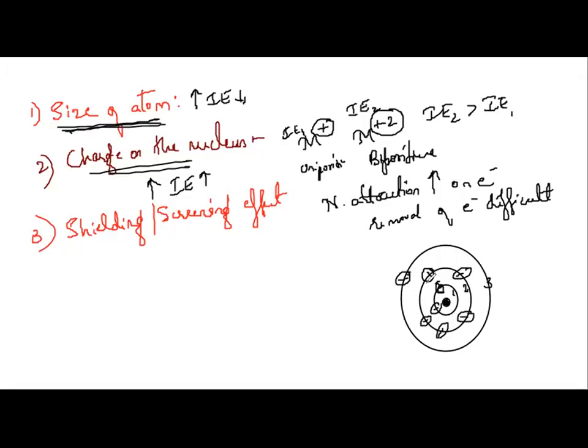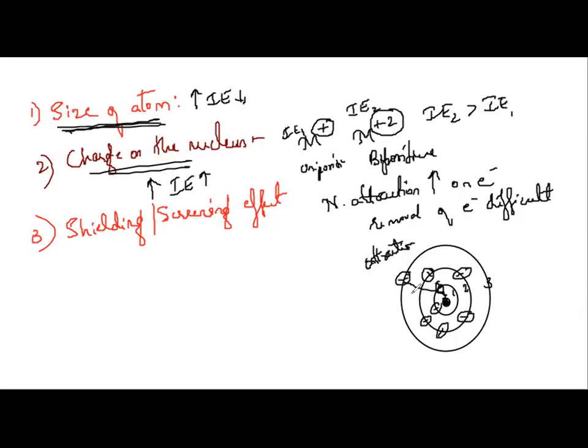The valence electrons in this multi-electron system are pulled by the nucleus. There is attraction by the nucleus, but at the same time there is repulsion by the electrons present in the inner shells. Therefore, the valence electrons do not experience the total pull of the nucleus.